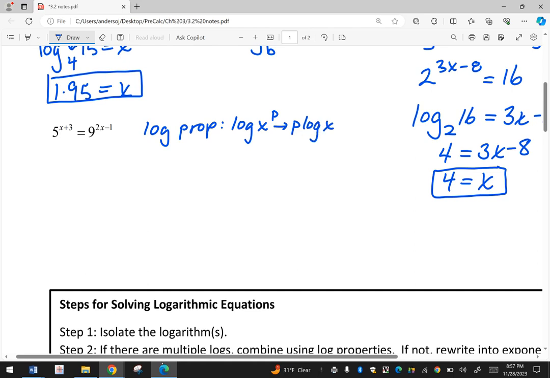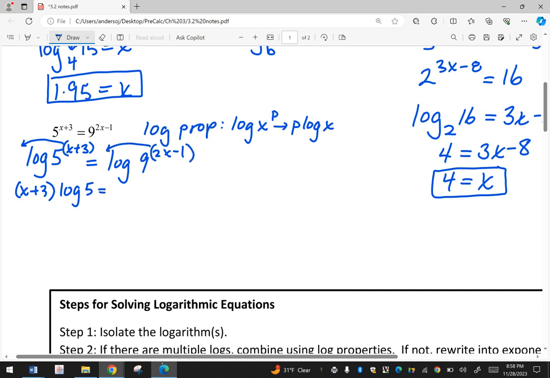So in this particular case, we're going to take the log of both the left side and the right side of this equation. What's going to happen next is this power is going to swing to the front of that log, and the same on this side here.